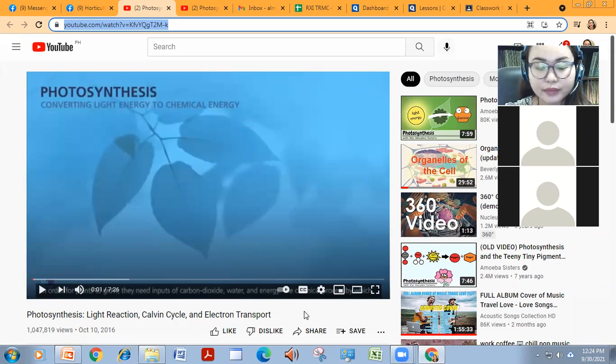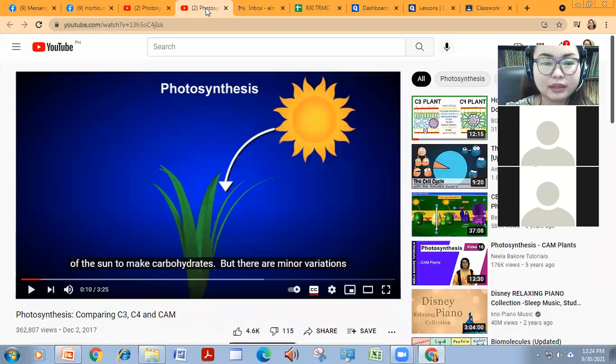So the answer is yes and no. Yes, in the sense that it needs light during the light reaction phase, but no in the Calvin cycle phase. Photosynthesis even occurs in some organisms aside from plants, and you will know later.